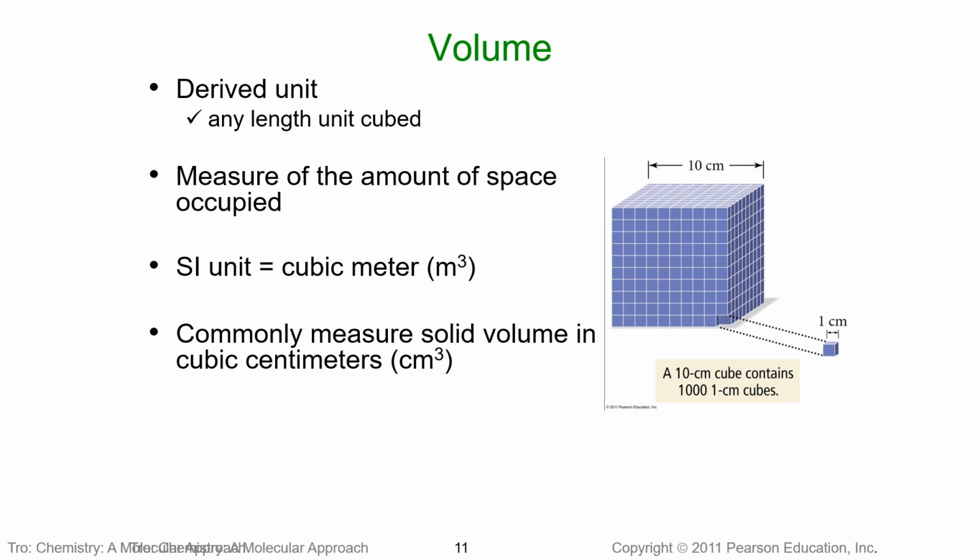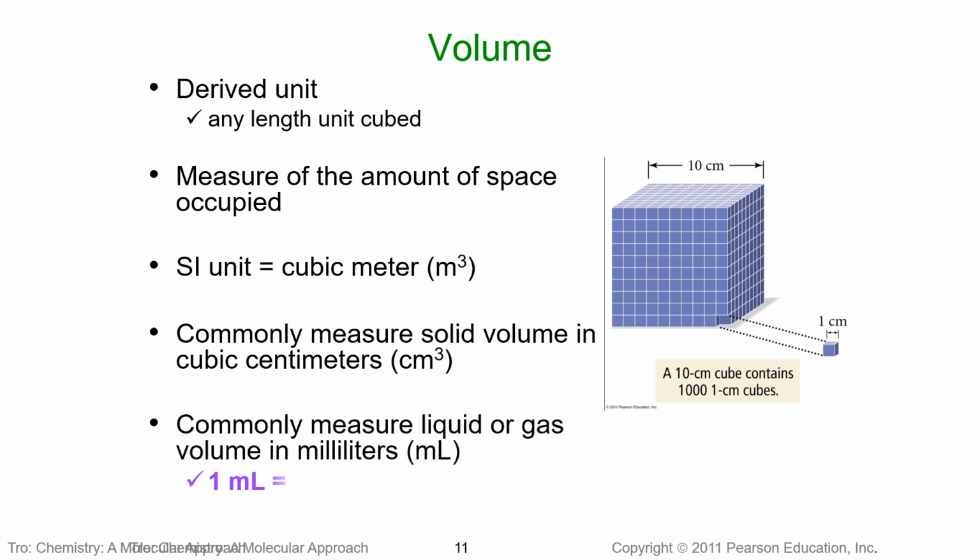Even in our daily lives, you may have heard somebody refer to giving somebody 3 cc's of a drug. That stands for cubic centimeter, so 3 cc's is 3 cubic centimeters.